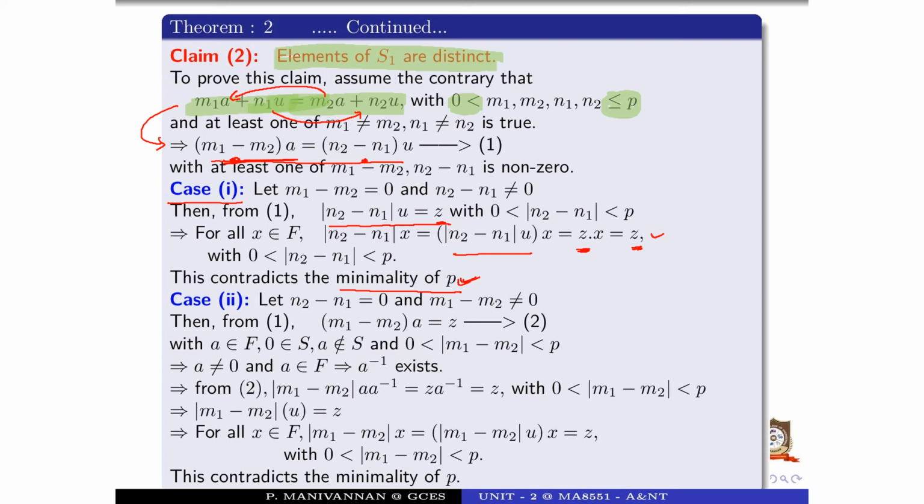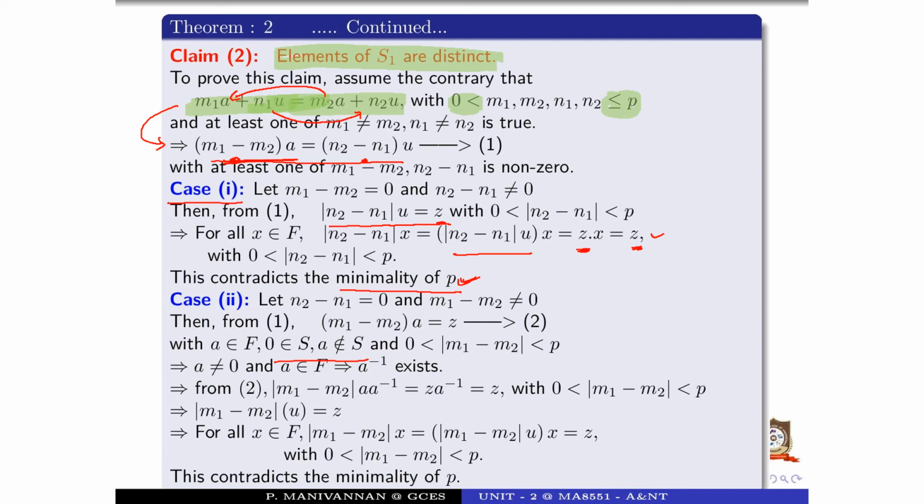A belongs to F, 0 belongs to S, and A does not belong to S. These are the assumptions. Hence, also M2 minus N1 value must be less than P, which implies A is not equal to 0, and A belongs to F, which implies A inverse exists.